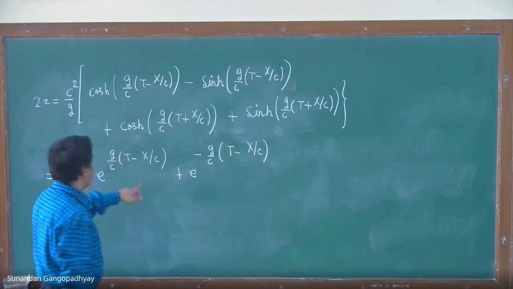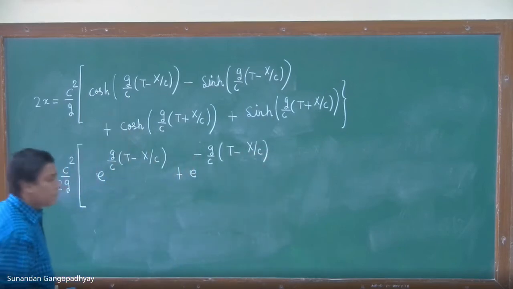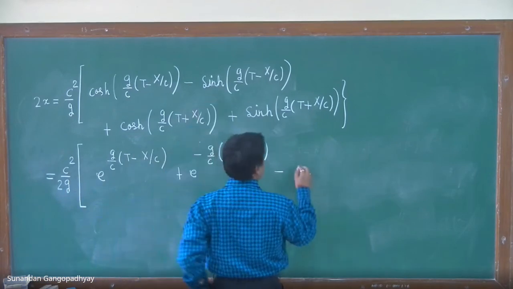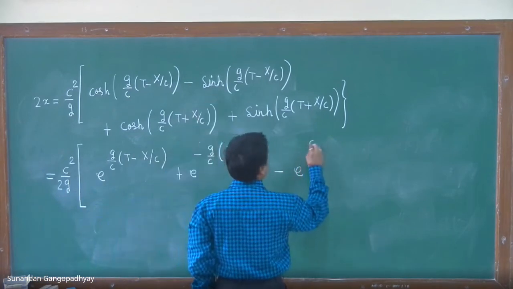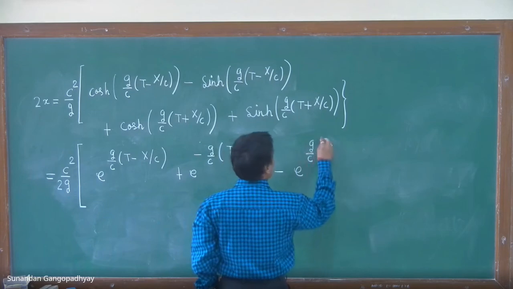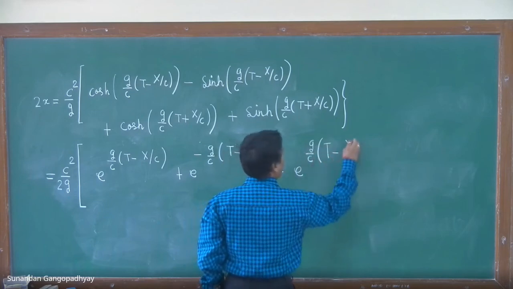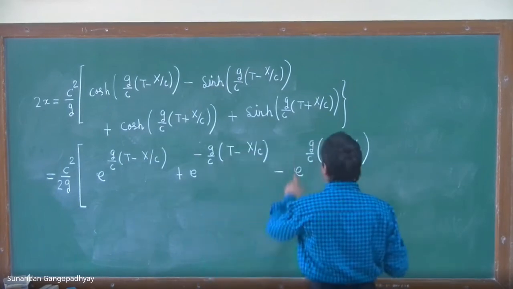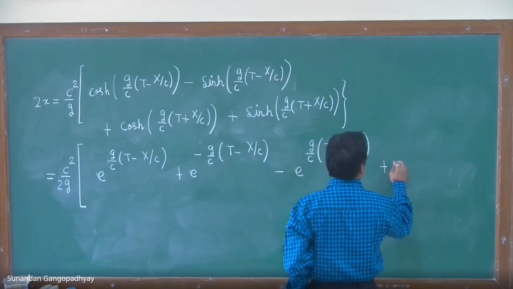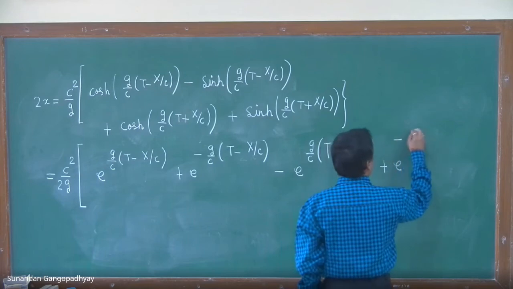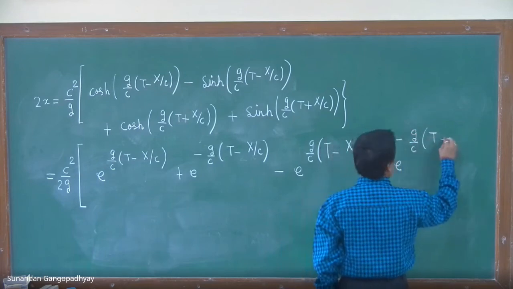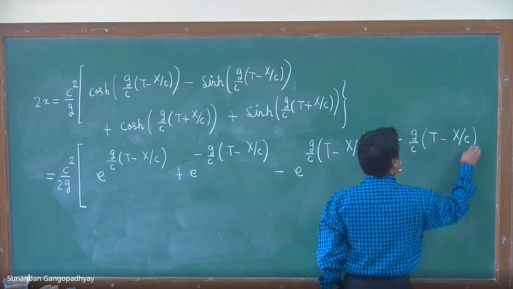So this is this term. Okay, e to the x plus e to the minus x, minus sinh. So this is e to the power of g by c, and then minus, so this will be plus exponential. If I make some error, please tell me.